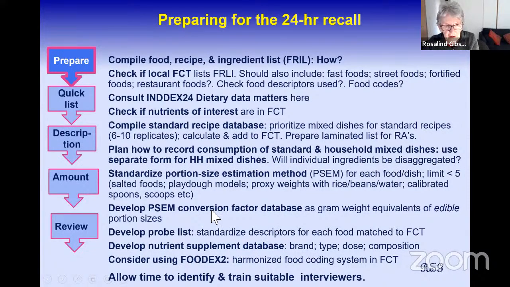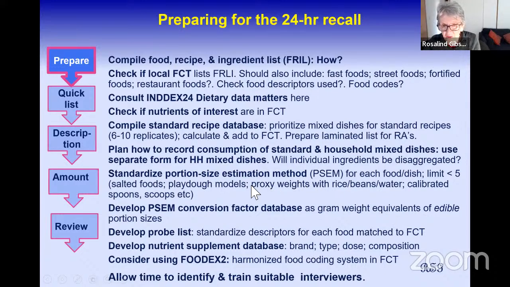The next very time-consuming part is to develop your portion size estimation method conversion factor database in gram weight equivalents of edible portion sizes, because all your food composition data is given to you in grams. So your portion size estimation methods have to be converted into grams.